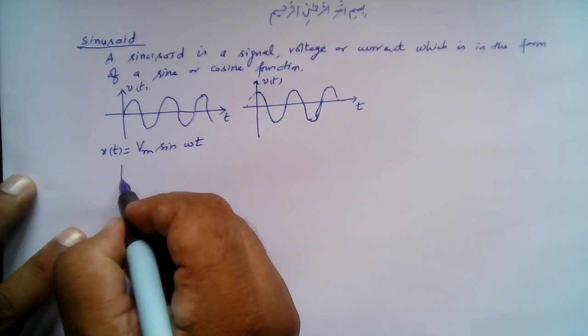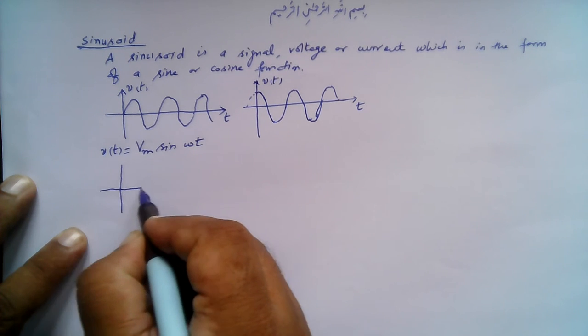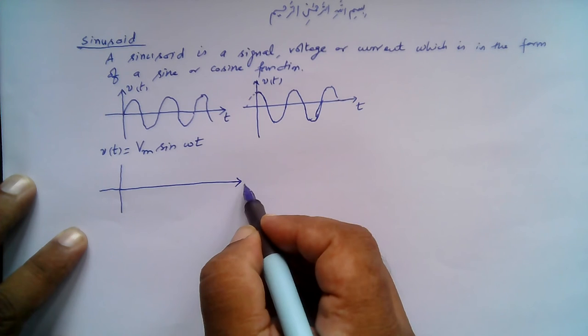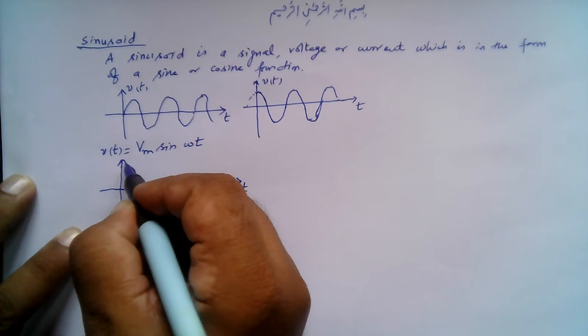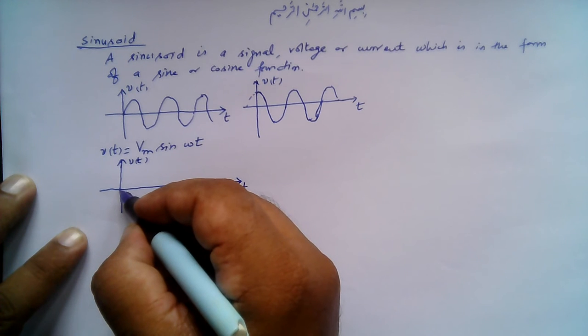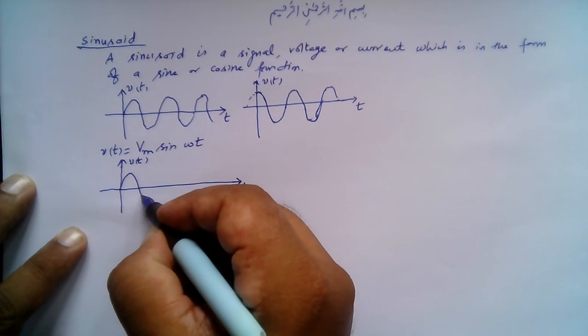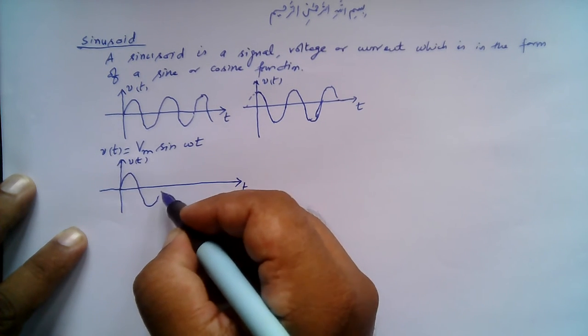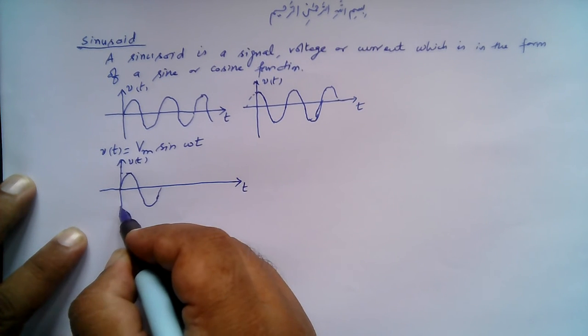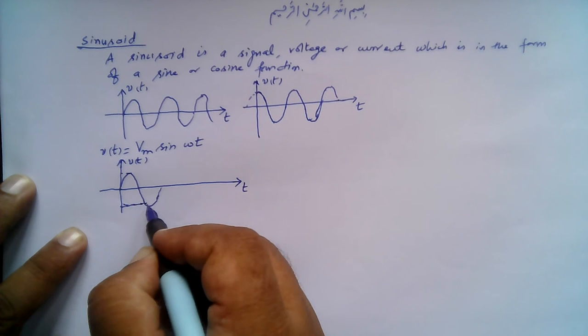Let me plot this again, specifying Vm, and on this axis we have t. This is v of t here, and this is a sinusoidal function, right? So this is the peak value, and this is the negative peak value here, right?